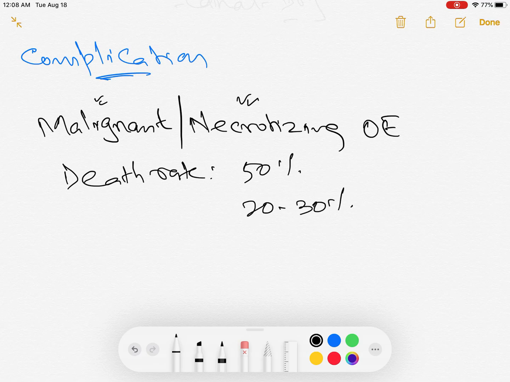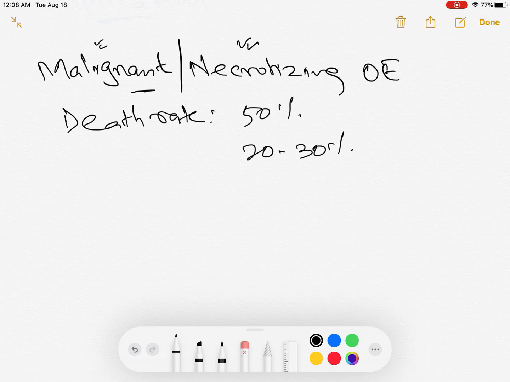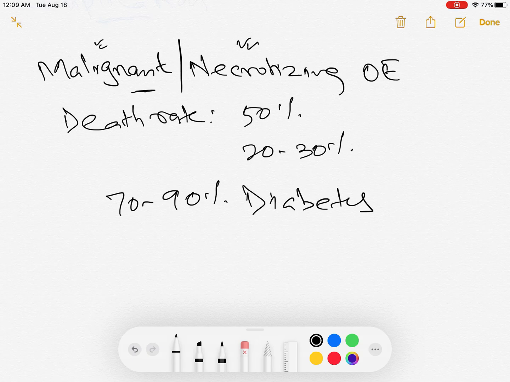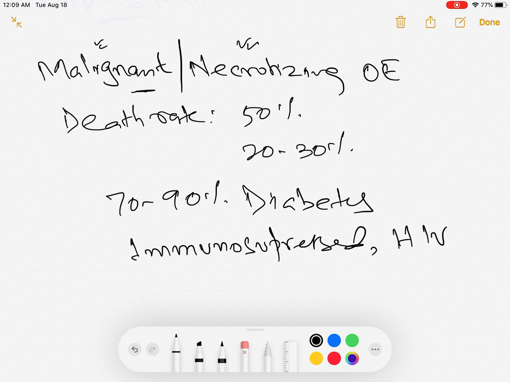So who gets the malignant otitis externa? The majority of them, roughly somewhere between 70 to 90%, are diabetic people, or people who are immunosuppressed, like someone who has HIV or someone who is on chemo drugs.